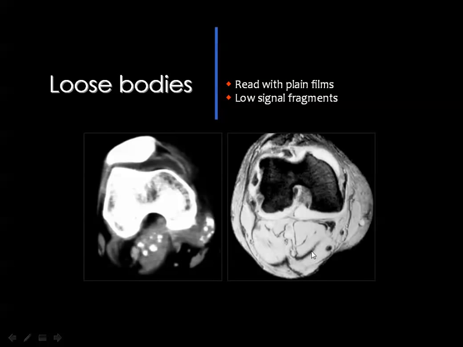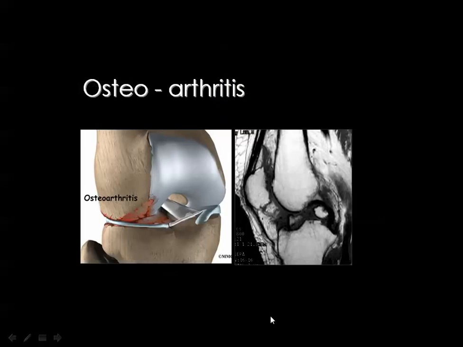Loose bodies, being of cortical bone, will appear black in all pulse sequences, and they will appear dense in the CT images. As you can see here, multiple radio opaque or calcified loose bodies within the posterior compartment of the knee, and also you can appreciate the presence of joint effusion in both cases, here by CT and here by MRI.